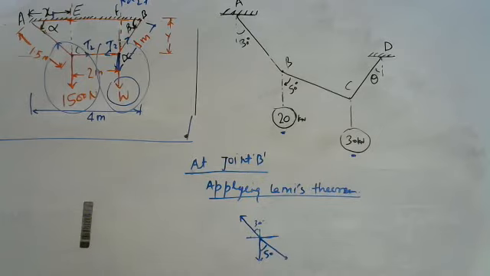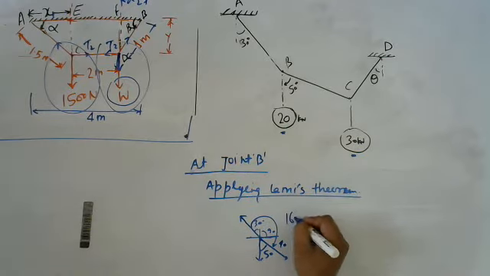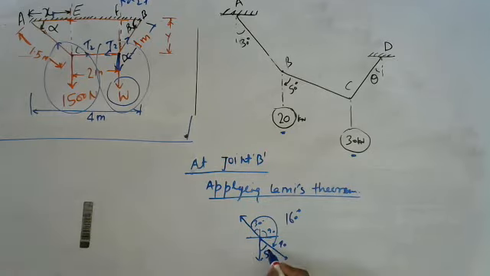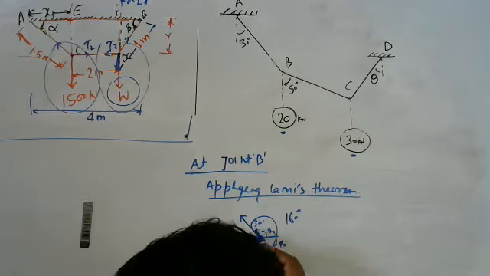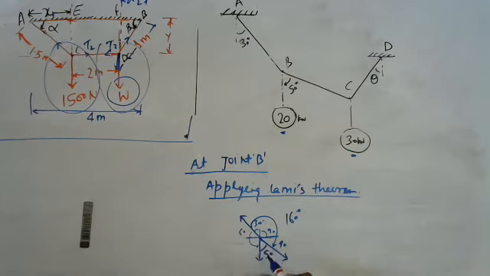So you can apply Lami's theorem for these. Just use this angle: if this is 40, this is 90 and this is 30, so 90 plus 70 is 160. And this is 50, between these two forces, and this angle is 90 plus 60, so 150.